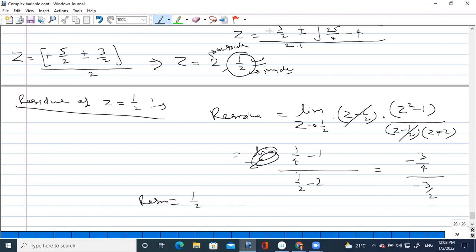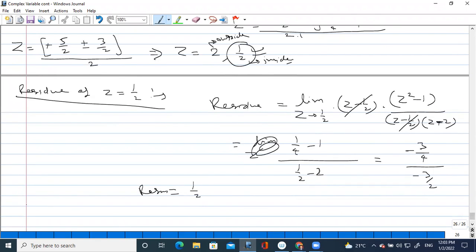This is 3 by 4, this is minus 2 to the 4 minus 3 by 2. Okay, 2 will go up to 2 by 4. Okay, you can use it.